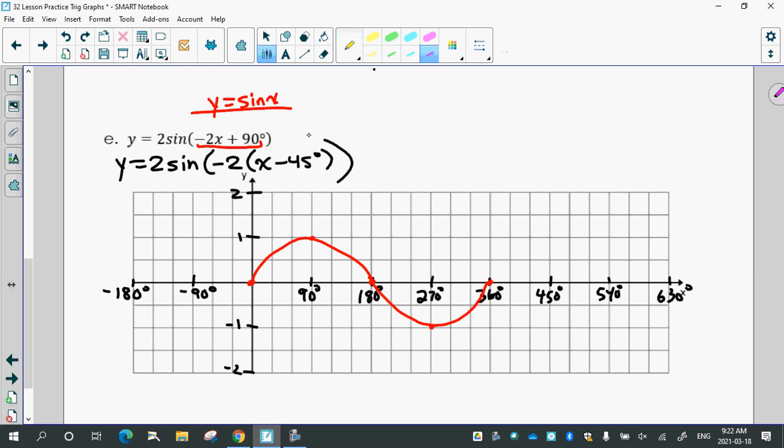Okay? So now I'm ready to color code. So the only thing yellow is this 2 out front. And there's 3 things that are green: this negative sign, the 2, and the negative 45 degrees. And that makes 4 transformations I should be listing here.